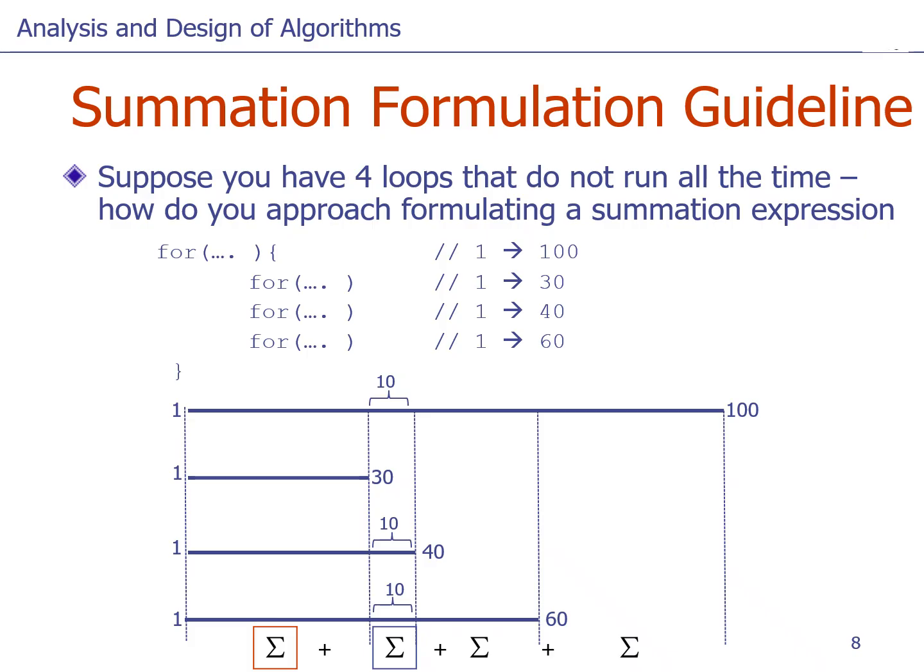So the way to go about it is that you have to inspect the lifetime of the loops, which means you have to figure out the number of times they actually run, and from what range to what range. And as the simplest way to go about it, you can make a drawing like the one I have put here.